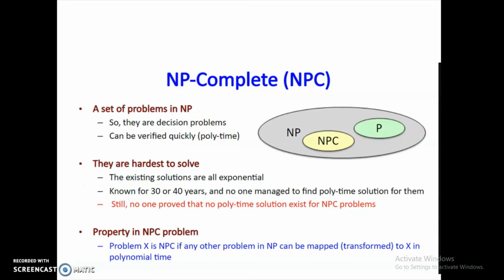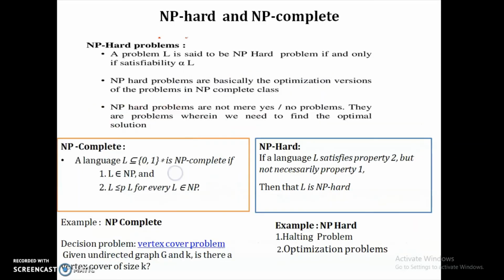Okay, so let's see the next category, NP complete problems. NP complete problems are problems for which we are yet to find solutions using both deterministic as well as non-deterministic algorithms. They are very hard to solve, so they come under NP hard problems, which is the next type of problem.